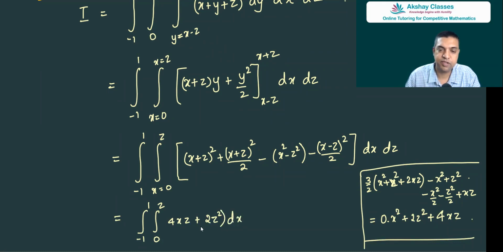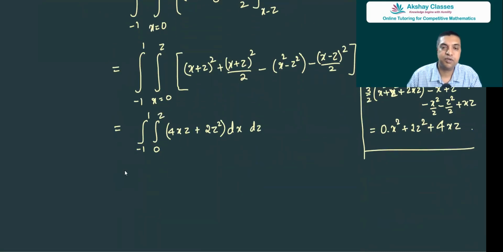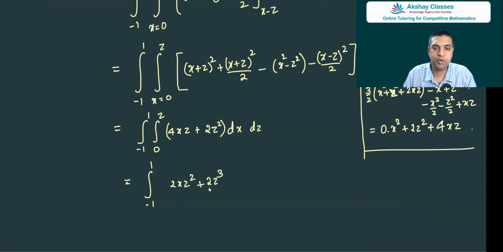Now we integrate with respect to x and then with z. So y is gone. So now we have to integrate with respect to z. So this will be 4x into z square by 2, that is 2x z square plus 2z cube.